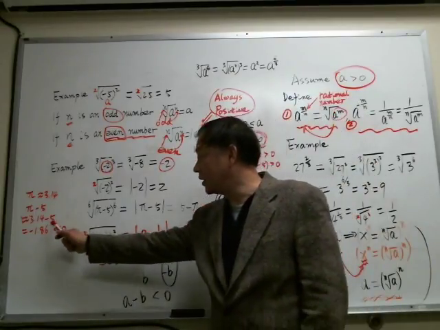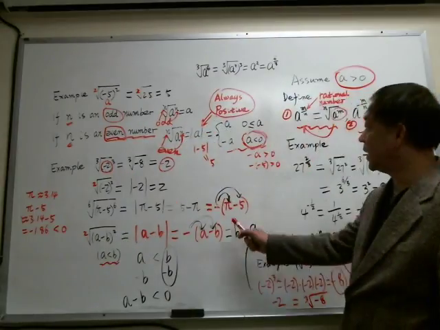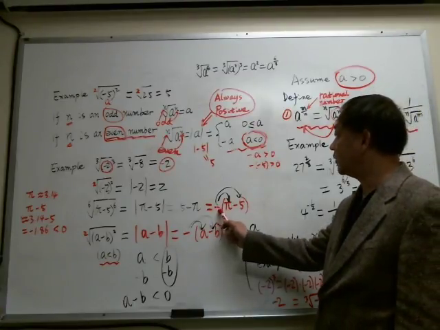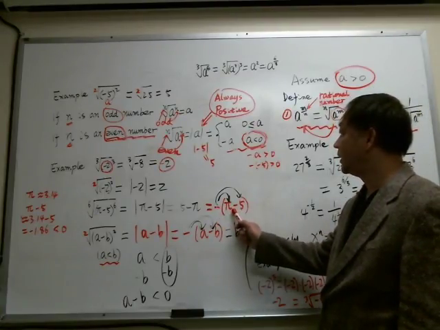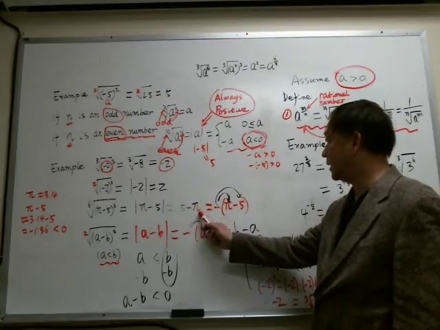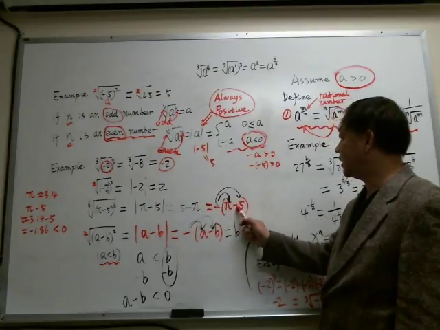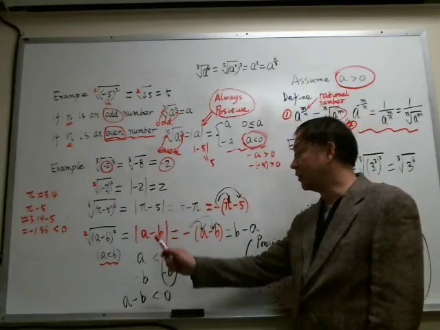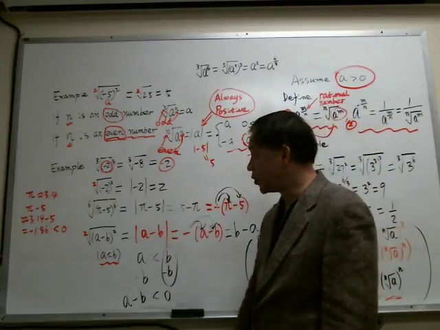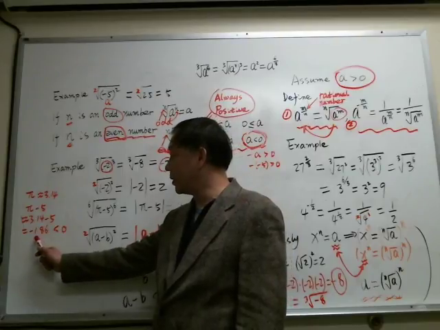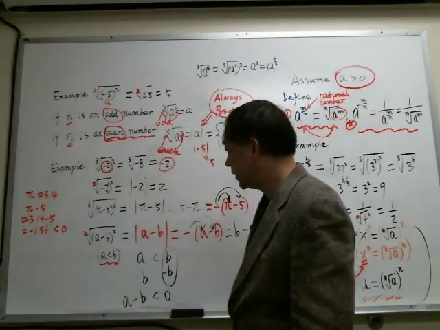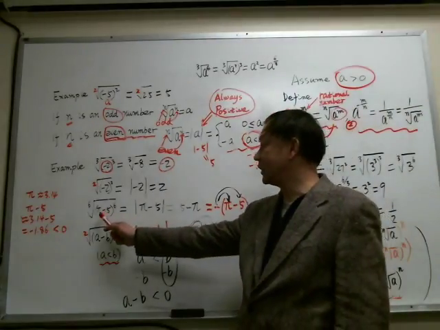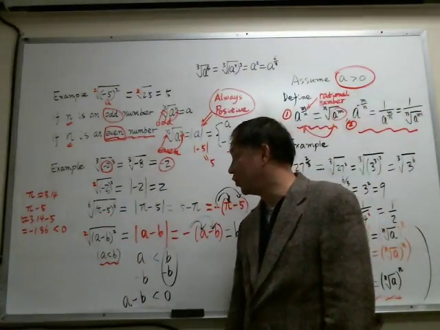That's the approximate value. Here is the accurate value: negative pi, and negative 5 becomes positive 5, so 5 minus pi is approximately positive 1.86. Here is the general case, where pi minus 5 is negative.